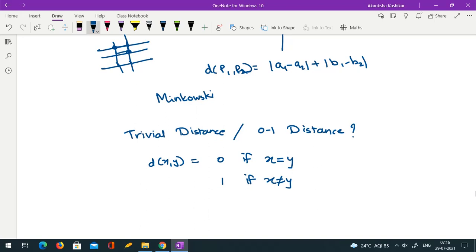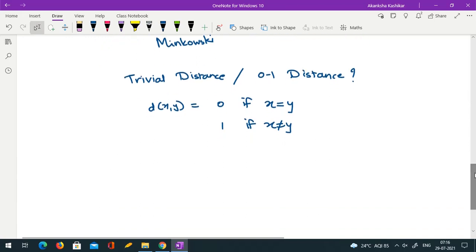If you think in terms of physical distance, it might seem like a crazy definition, for lack of a better word, because you might feel that you can't have everything at distance 1. But this makes sense when you have categorical data.